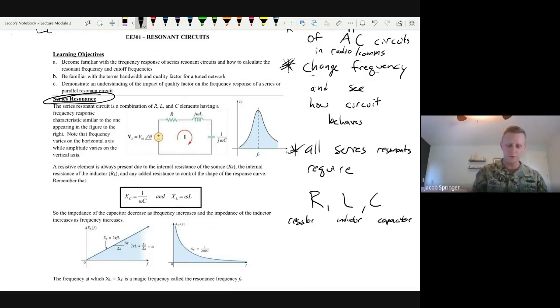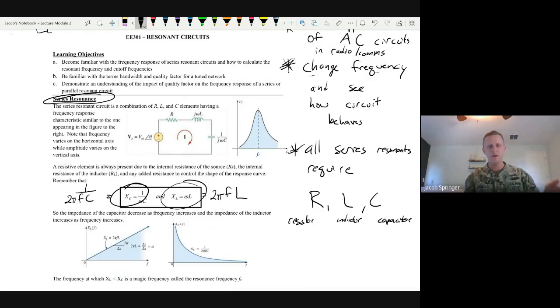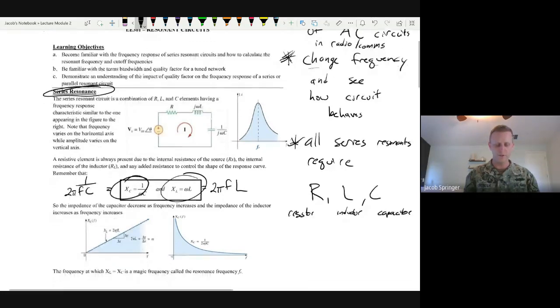So if we think about these two formulas right here, as far as reactance, the reactance of a capacitor and the reactance of an inductor, another way that we could write them would be 1 over 2 pi FC, and this one would be 2 pi FL. That F is the frequency, the omega is the angular frequency.